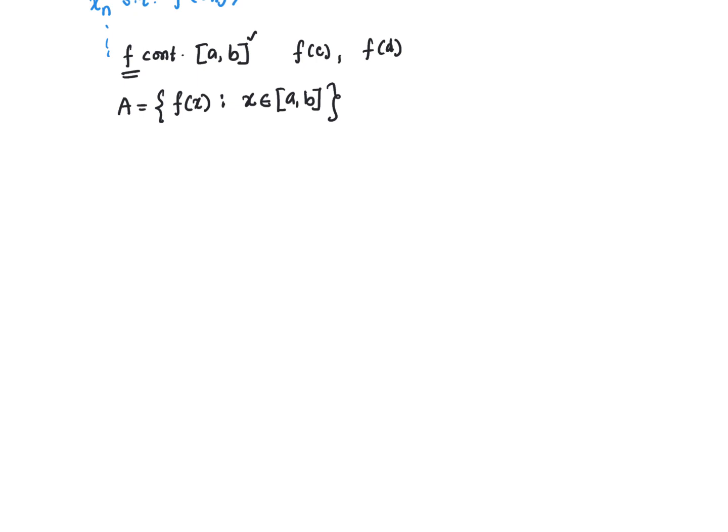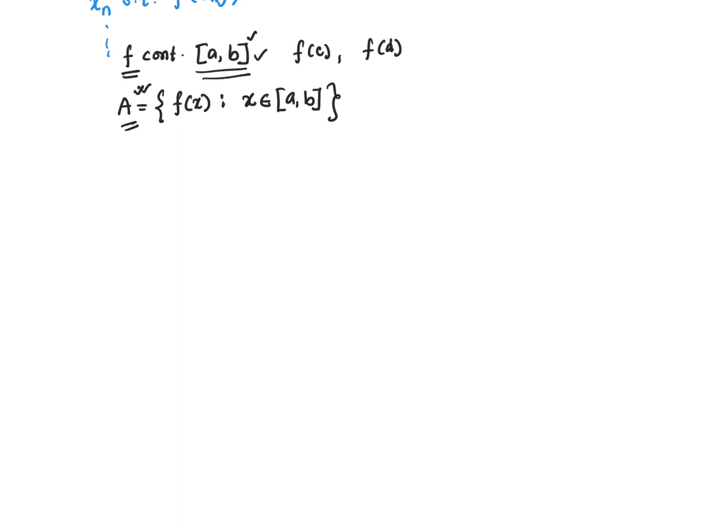This set A has elements in it. Now, the theorem we just proved says that if f is continuous on a closed interval, then f is bounded. So this is the set of all the values that f could take on this closed interval, so A must be bounded. That's where we use the theorem we just proved.